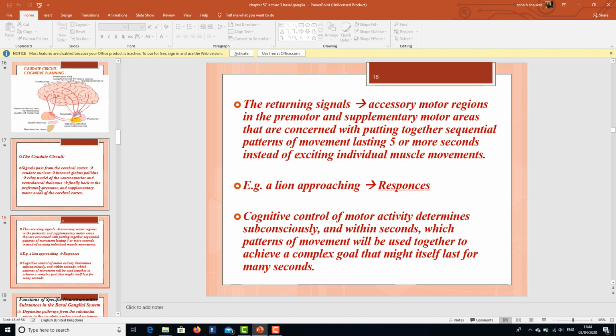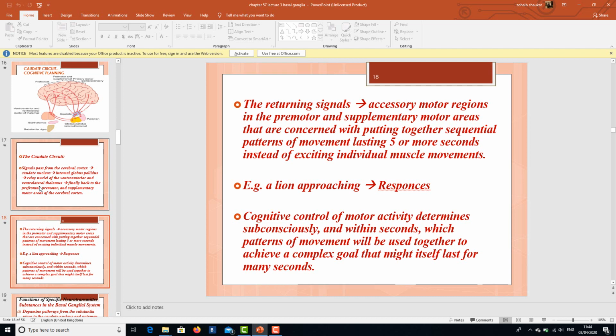The returning signals go to accessory motor regions in the premotor and supplementary motor areas that are concerned with putting together sequential patterns of movement lasting 5 or more seconds, instead of exciting individual muscle movements.